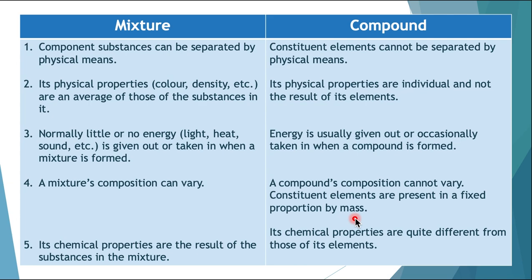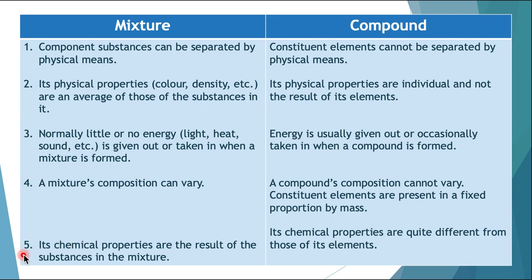These things are very fixed. So to make compounds, the composition cannot vary. Whereas a mixture's composition can vary. We can add 2 tablespoons of salt in a cup of water, it will be salt water. And we can even add 1 tablespoon of salt in water, it will still be called salt water. So a mixture's composition can vary, but a compound's composition cannot vary. The elements are always present in a fixed proportion by mass.